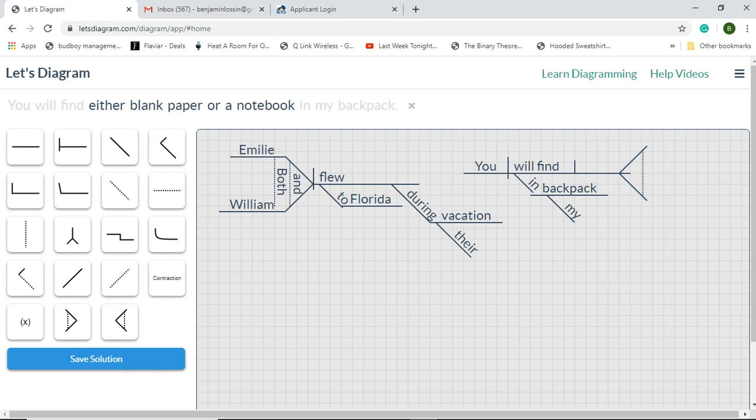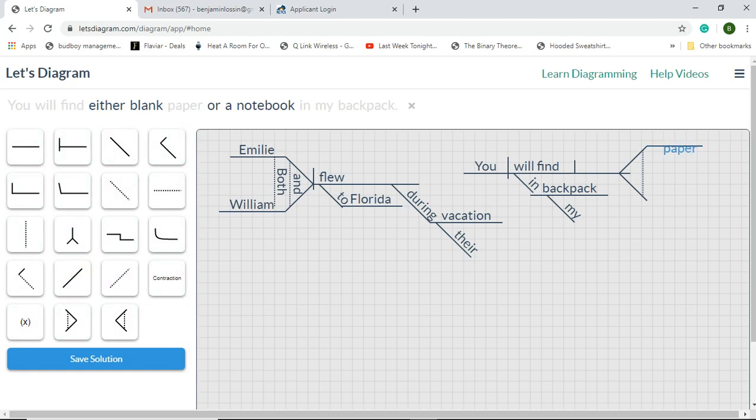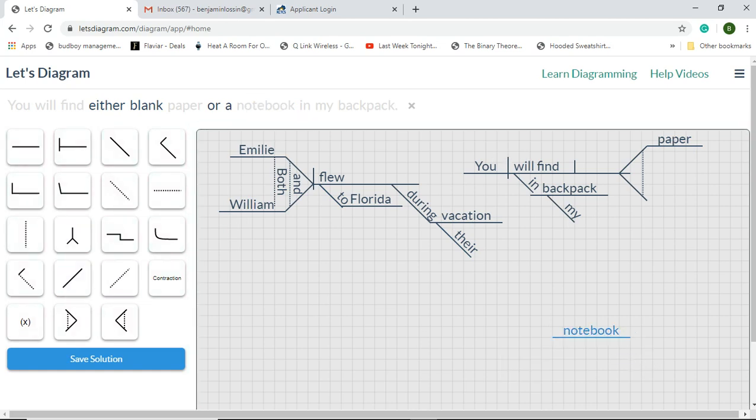What will you find? That's a question you should ask yourself for direct objects. You will find either paper or notebook. So here are our direct objects of the sentence. They are compound direct objects because there are two of them. How are they connected? They are connected by correlative conjunctions.